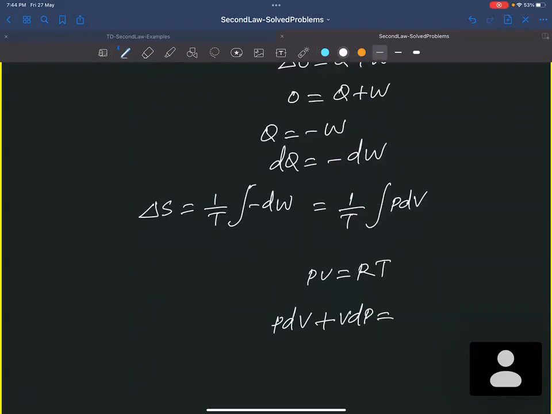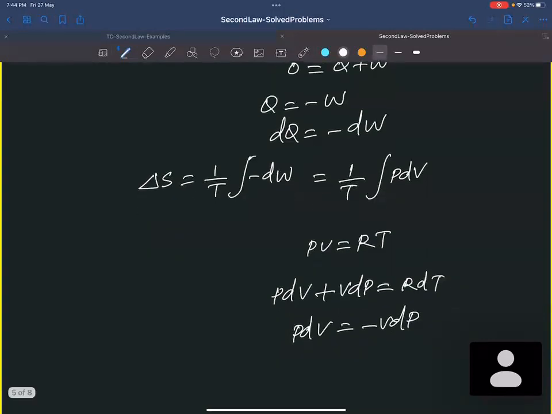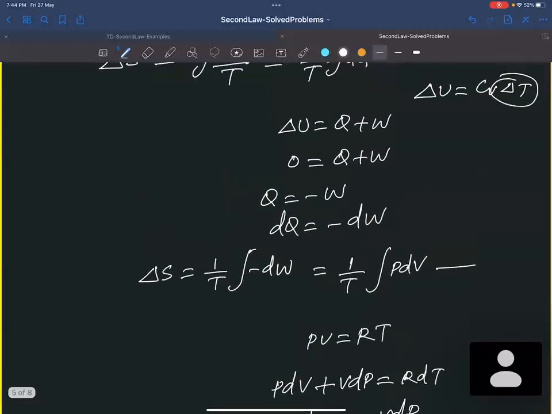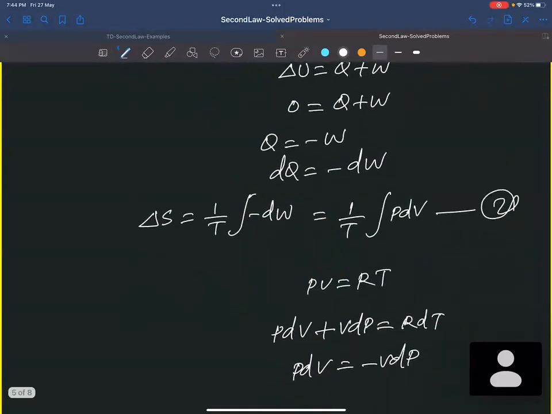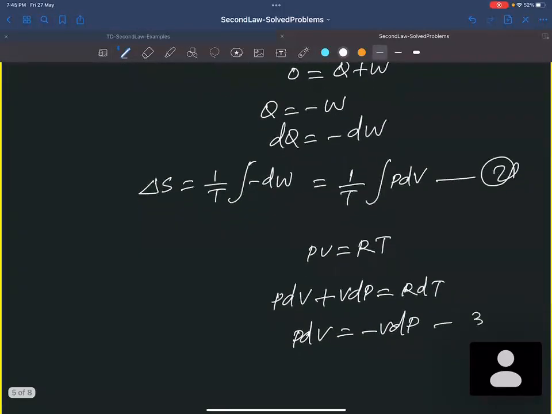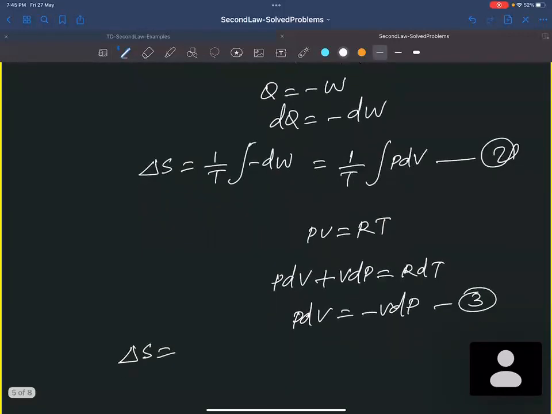And for this isothermal process, dT equal to 0, so we can write PdV equal to minus VdP. So this is your equation 2. Here we have this 3. Using 3 and 2, we have delta S equal to minus 1 by T integral of VdP.